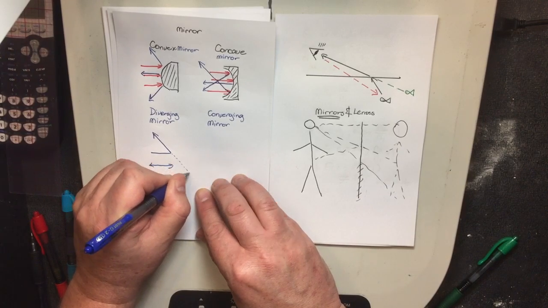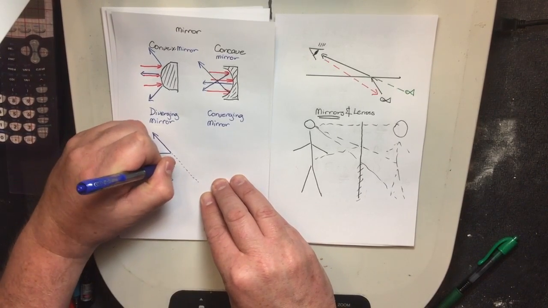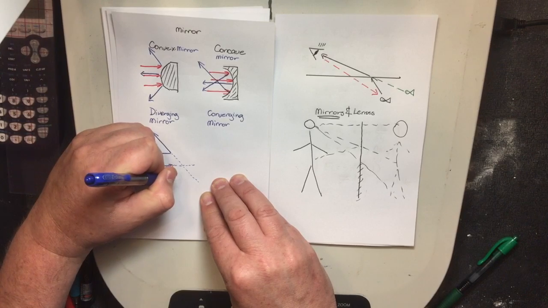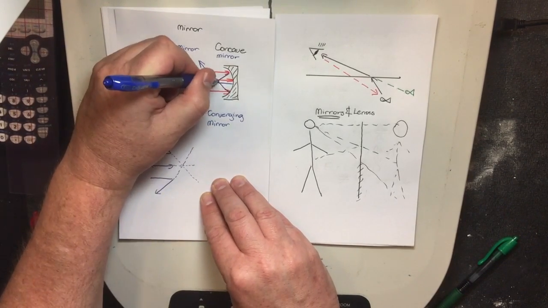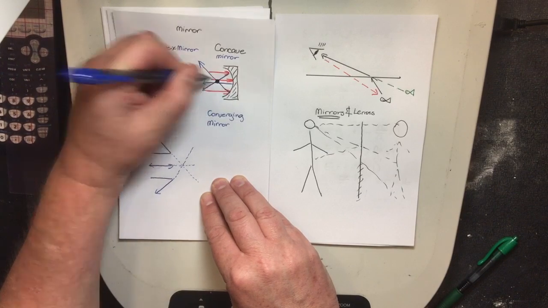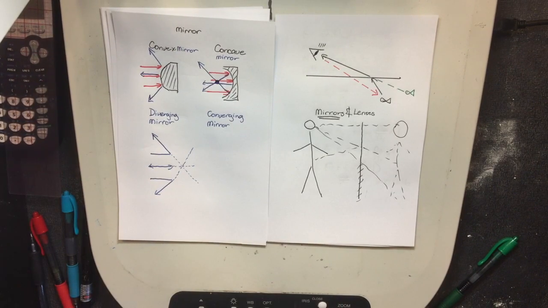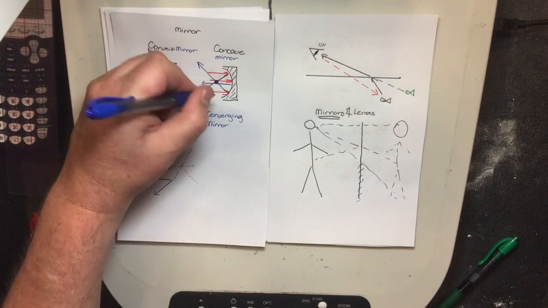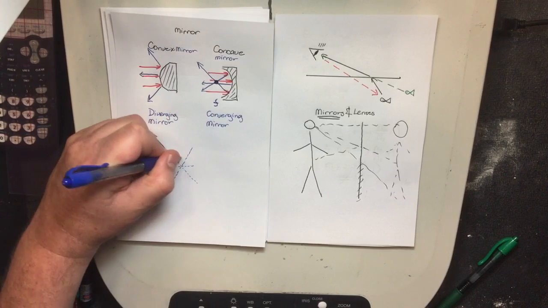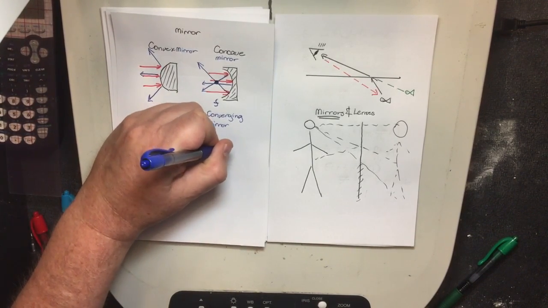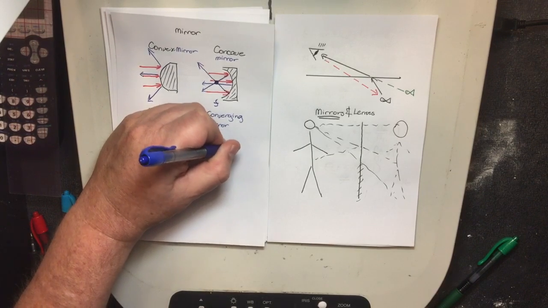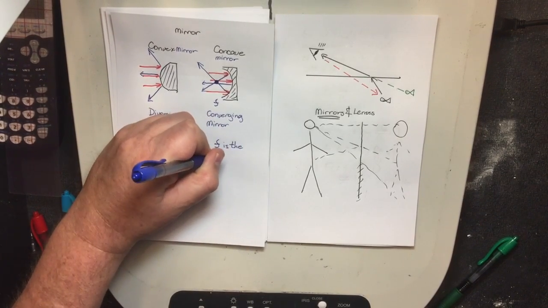These rays, you can actually draw the line back. And here, you can obviously see that the points of the rays converge at that point as well. For this and that, we call it F. F is the focal point.